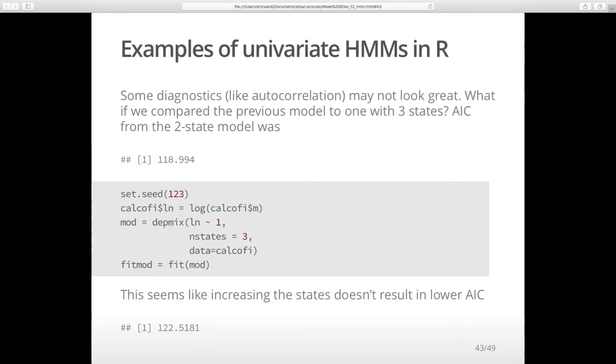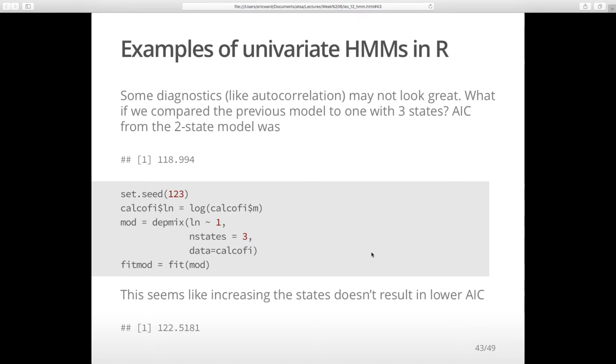So one solution to dealing with this autocorrelation issue, or the lack of good diagnostics, would be to consider alternative models with more states than 2. In this case, we can do some model comparison to see whether it would be advantageous to fit a 3-state model.